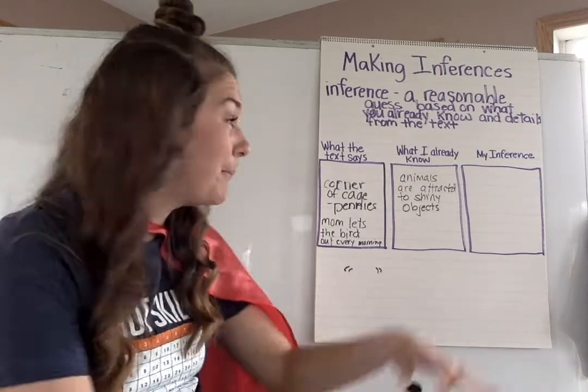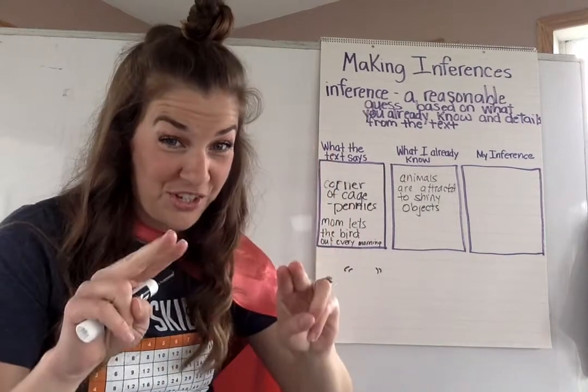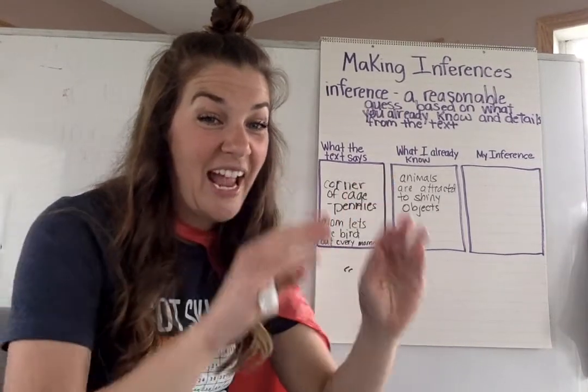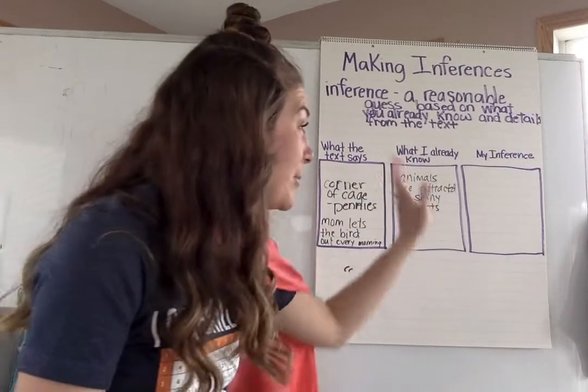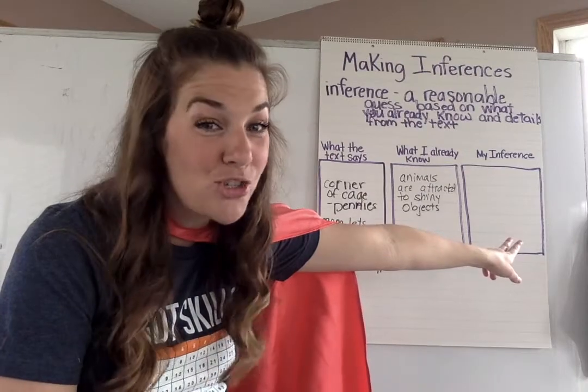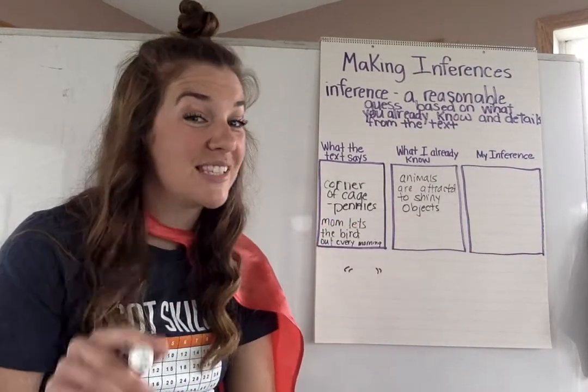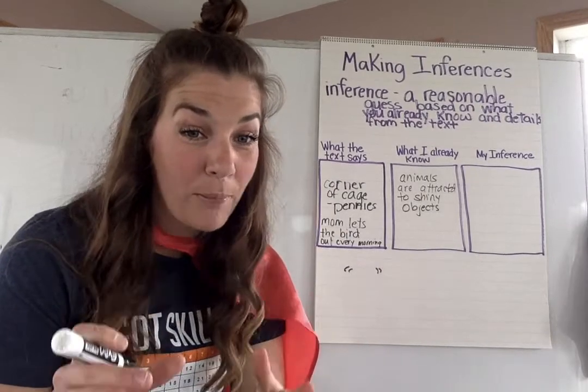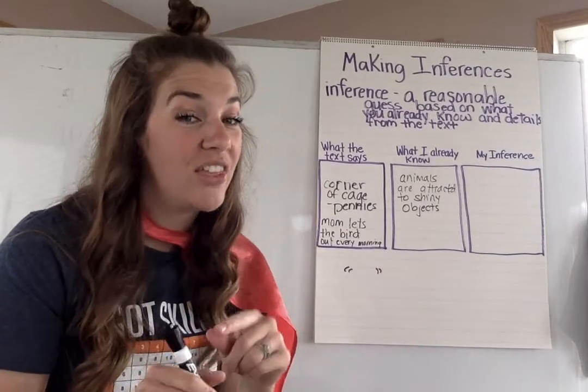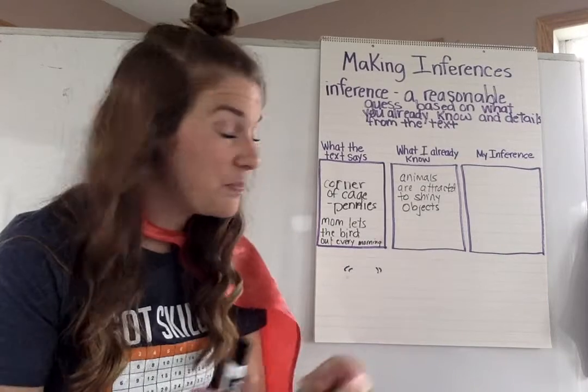Here's where we get to combine the two forces, okay? What the text says and what I already know about the topic, so that I can reignite my superpower of being able to make an inference or a reasonable guess about something that's not stated in the text. And we're making an inference about who we think the penny thief is.